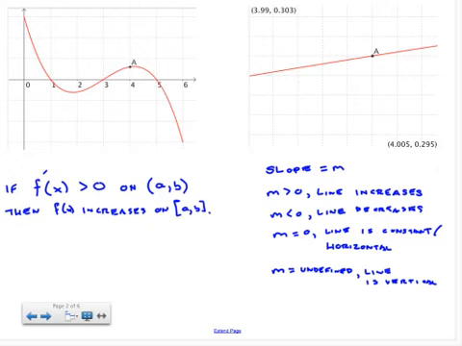Okay, but I don't think this is a big leap. Okay, you take your slope finder. If your slope finder is positive on an interval, then your function is going to increase on the interval because our curves are going to look like lines when you zoom in. And let's reverse that.